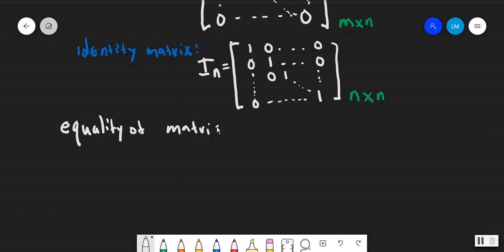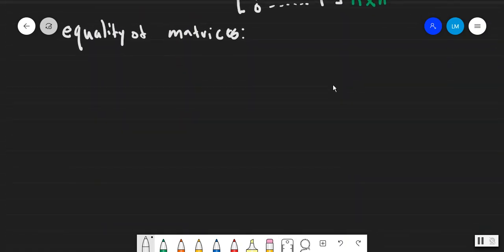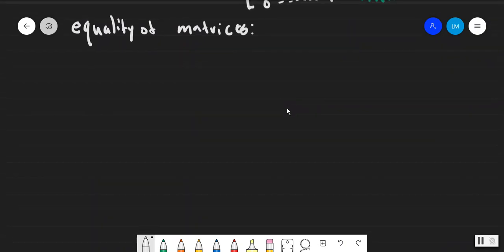You learned that matrices have dimensions and they have entries. So one thing that we can say is that, suppose that A is n by n, and then we'll say that B is m by n.